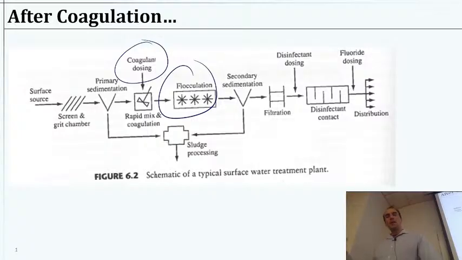Both coagulation and flocculation are that process. The reason this is a little confusing is because you can call it coagulation. Coagulation, if you look at the word, co, together, agulation, some particles coming together. So yes, but we call it a coagulant that's causing that to happen.